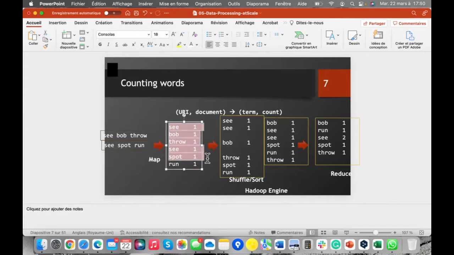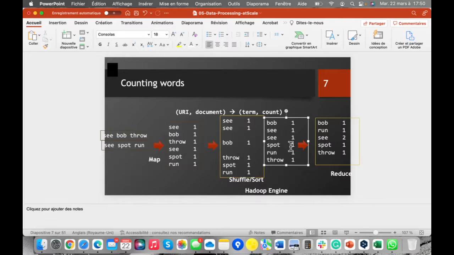So this is stored in the file system, and then the engine sees that mappers have finished their jobs, and so it retrieves the results produced by the different mappers from the file system, and it does this work. And it stores this again in the file system.